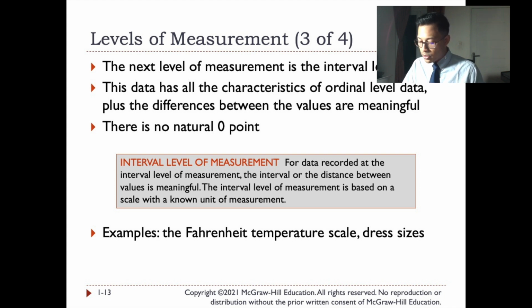For data recorded at the interval level of measurement, the interval or distance between values is meaningful. The interval level is based on a scale with a known unit of measurement. The classic examples of interval level are temperature and dress sizes.